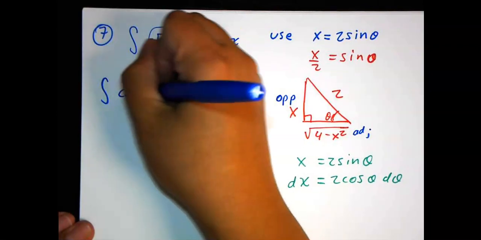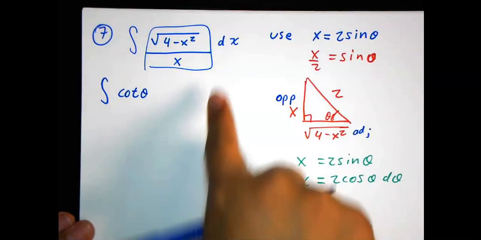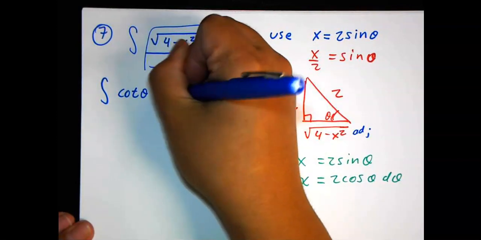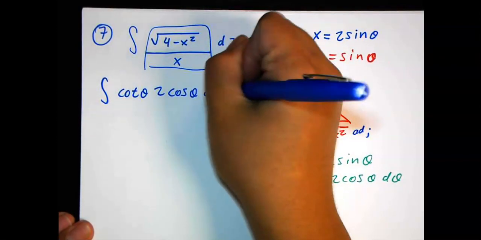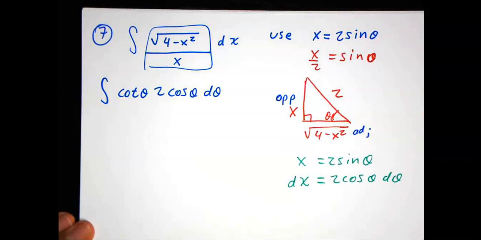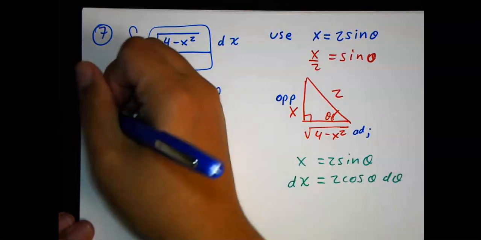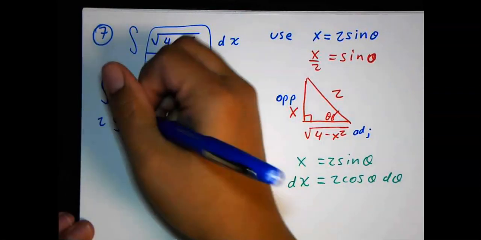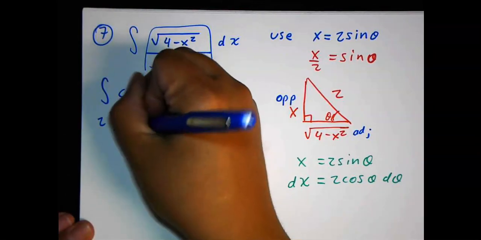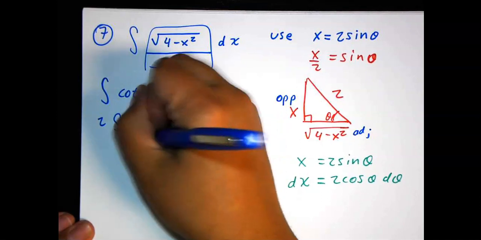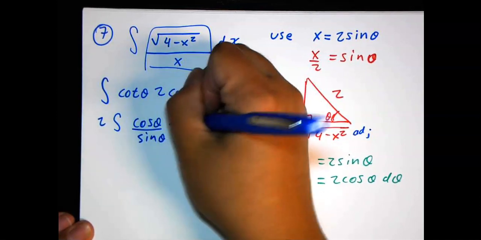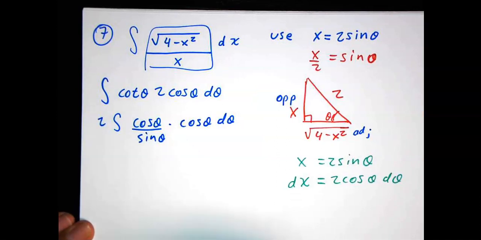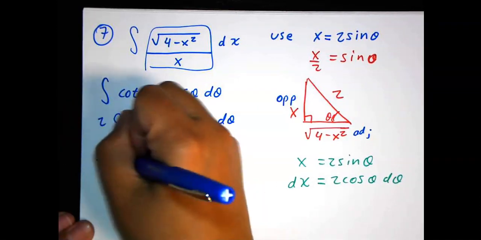So I got cotangent of theta, and then we have dx. Well, my dx is 2 cosine of theta d theta. The 2 is just a constant that I can factor out. Cotangent can be rewritten as cosine over sine. I multiply cosine times cosine and we get cosine squared.